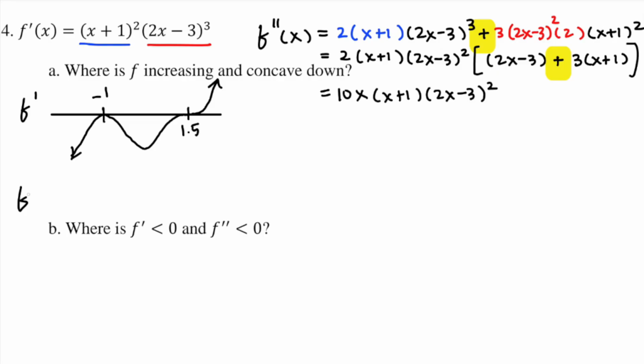Sketched f prime, maybe I'll make a sign chart for f double prime. So -1, 0, and 1.5. Oh, I can just probably use the same scale. Let's see, all right. Okay, x equals 1 would be an option. Plug that in. Okay, positive, positive, -1 squared.